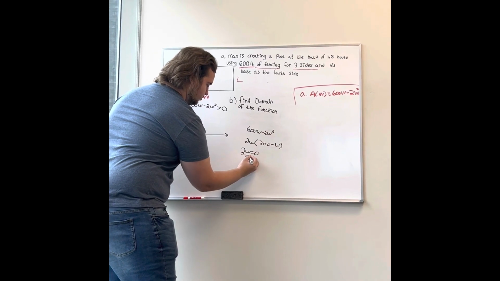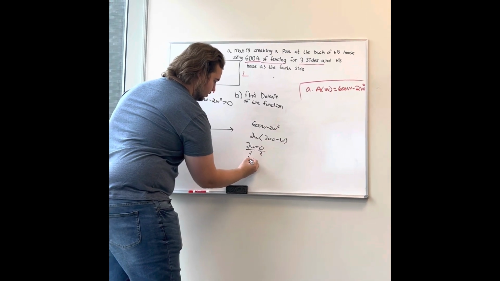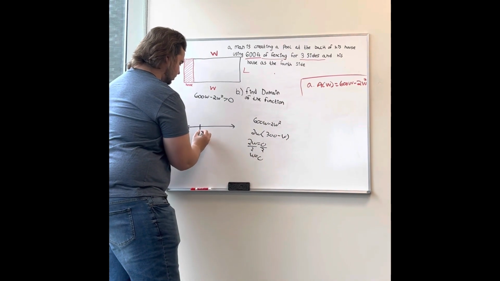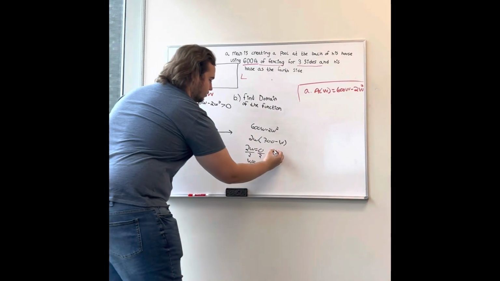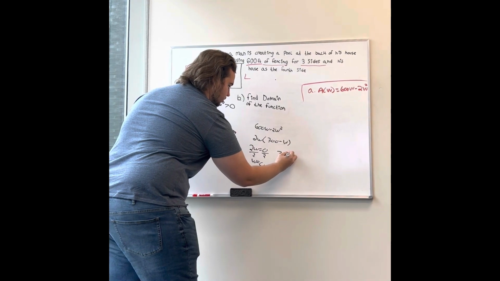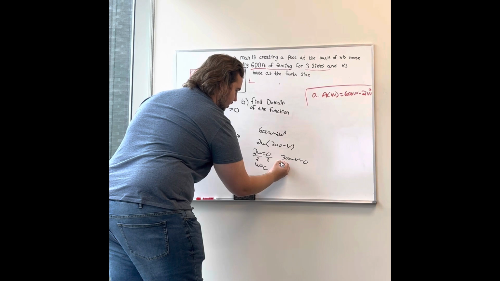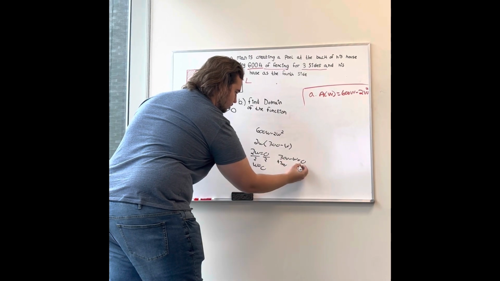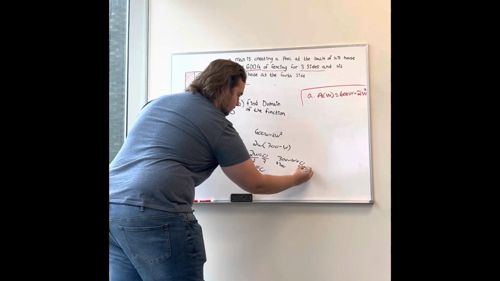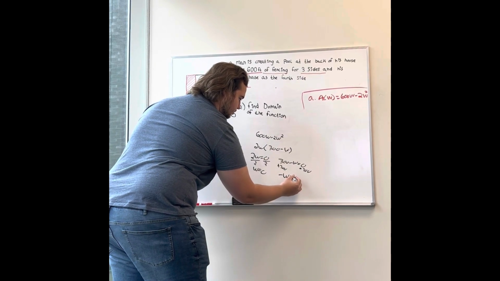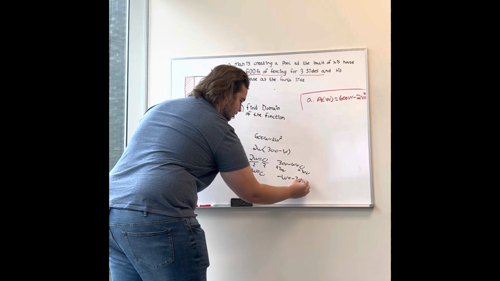Divide by 2 on both sides. We'll have W is equal to 0. So first 0 over here. Second term, I'll have 300 minus W is equal to 0. Add W to both sides, or rather, subtract 300: negative W is equal to negative 300.